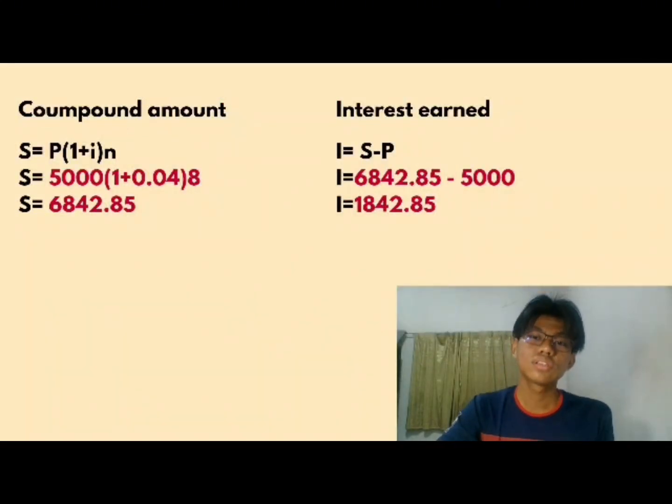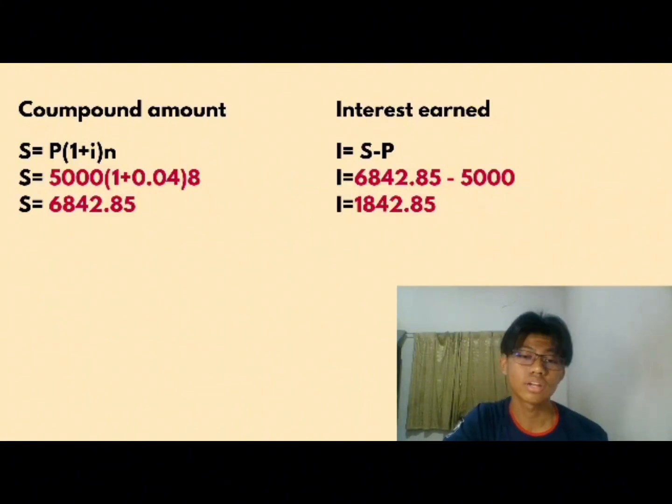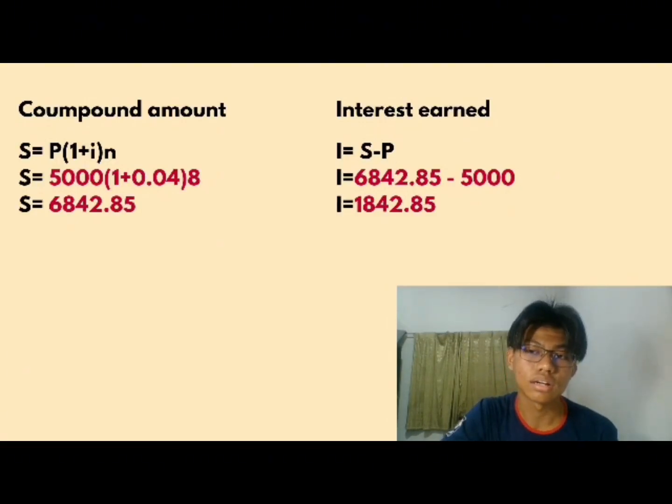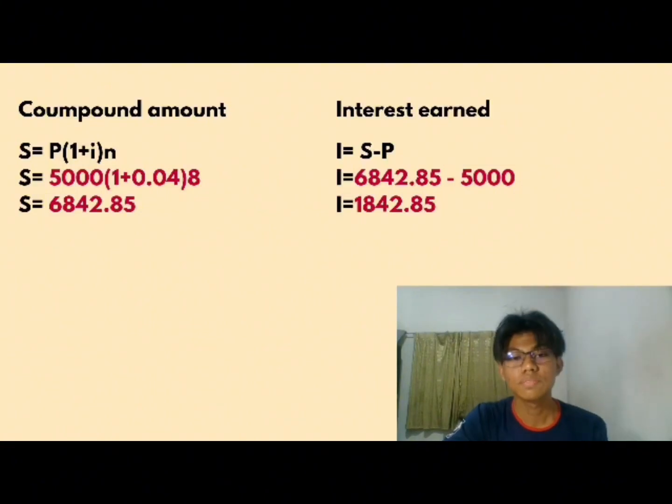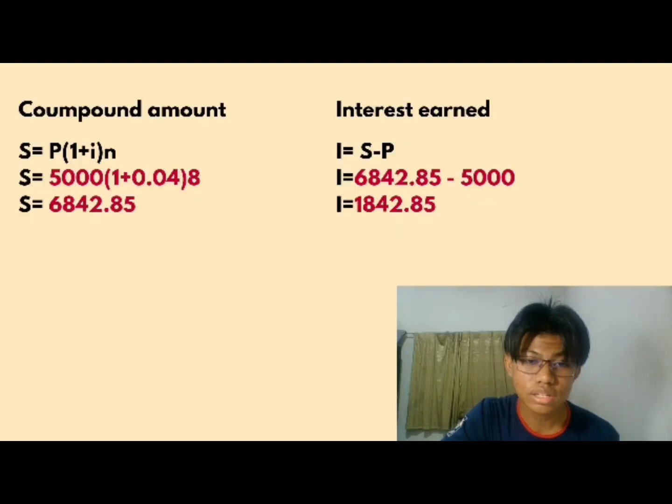So next, we must find the compound amount and interest earned. But let's start with the compound amount first, so that we can get the interest earned. The formula for compound amount is S equals P(1 plus i) to the power n.